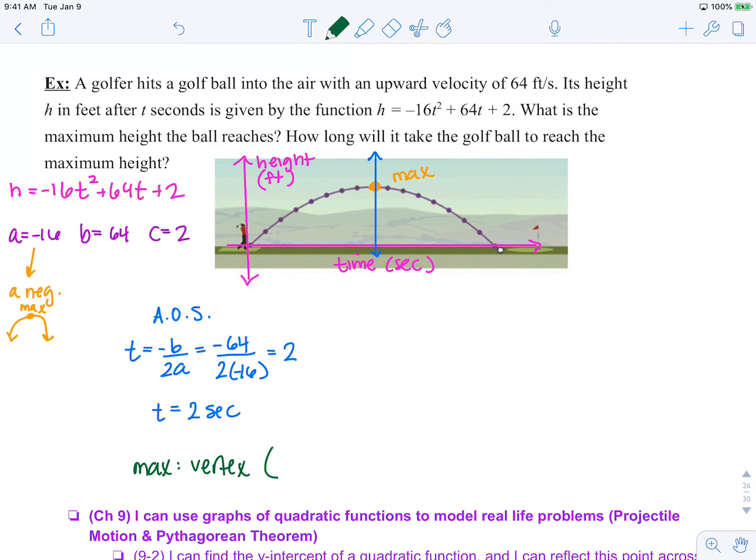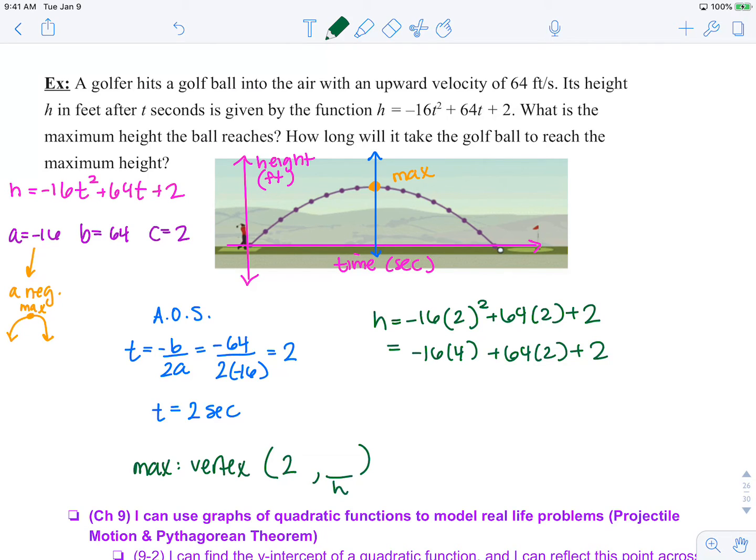And that vertex has the t value of 2, and we need to know the height at that value. So the height is going to be negative 16 times 2 squared plus 64 times 2 plus 2. So that's negative 16 times 4 plus 64 times 2 plus 2.